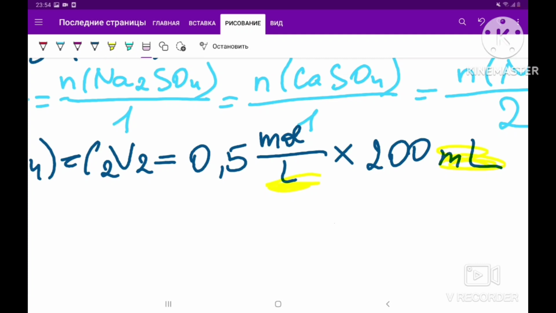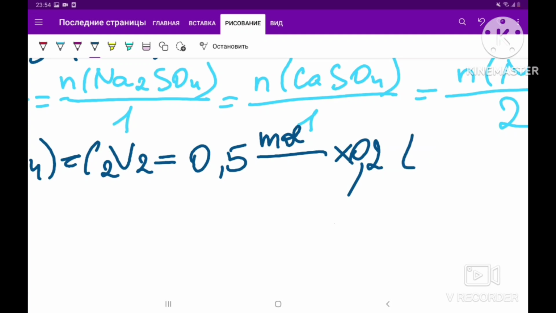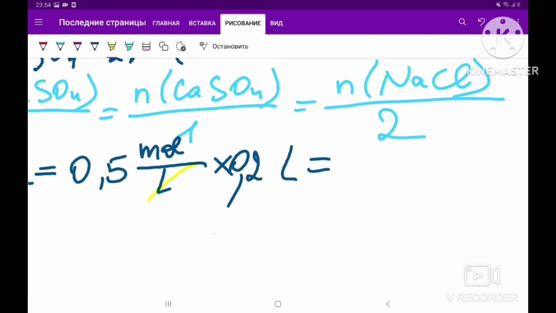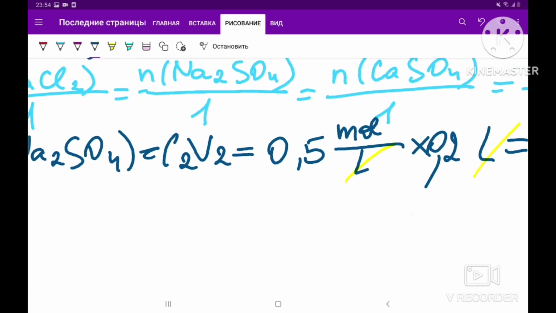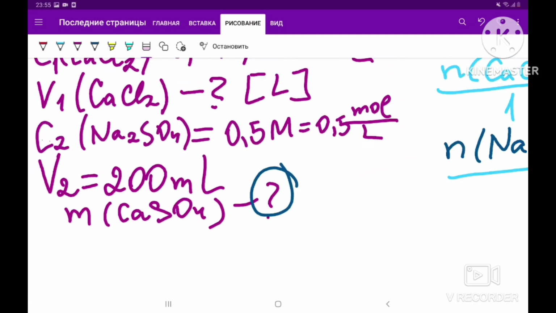So we have to convert milliliters into liters. We will write 0.2 liters. So liter and liter cancel. The answer is 0.1 mole. That is for sodium sulfate.